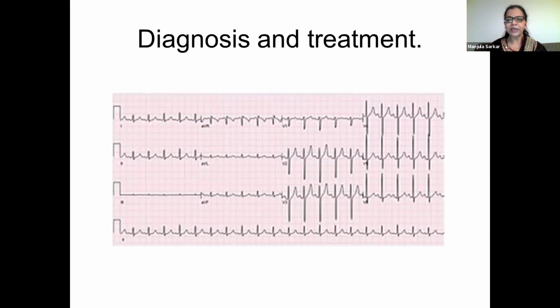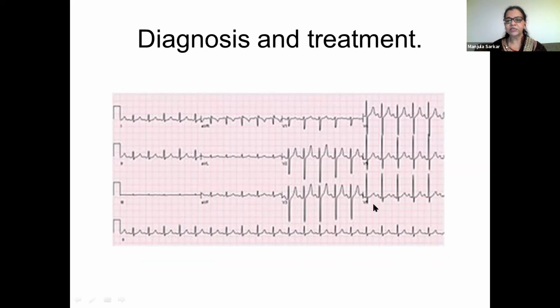Now, what about this strip? This strip is saying what? ST segment. Is the ST segment elevated or not? In chest leads. This is lead 2. Lead 2 is normal.